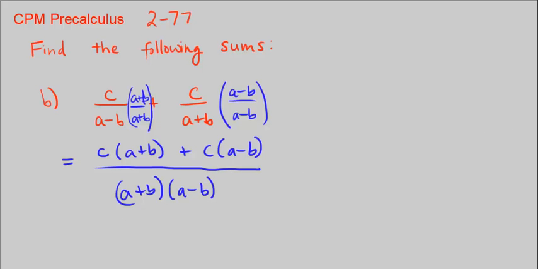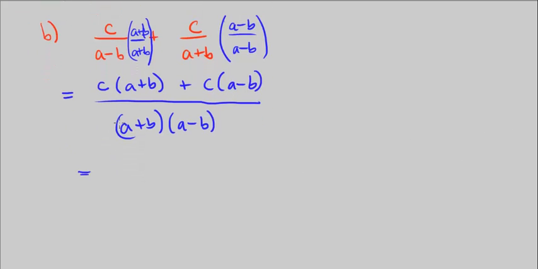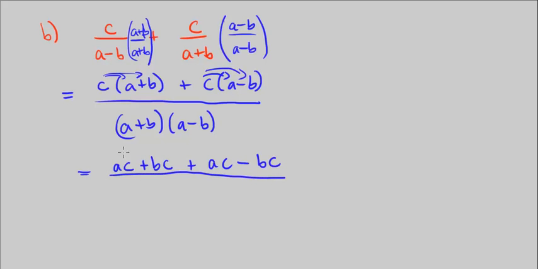Now let's simplify this. Distribute that c across. We get ac plus bc. You can write ca and cb, but I'm just putting them in alphabetical order. And then ac minus bc, when we distribute in the numerator.